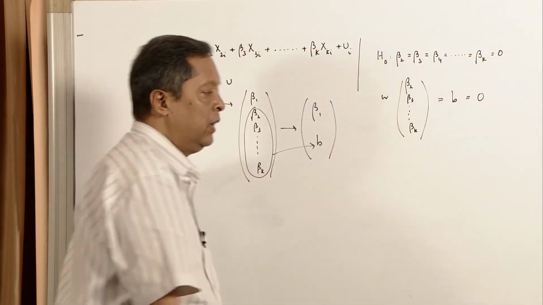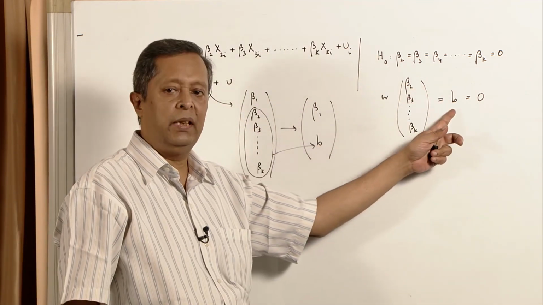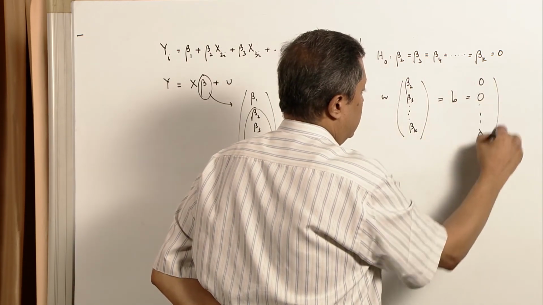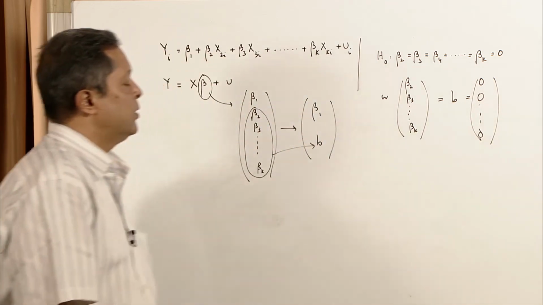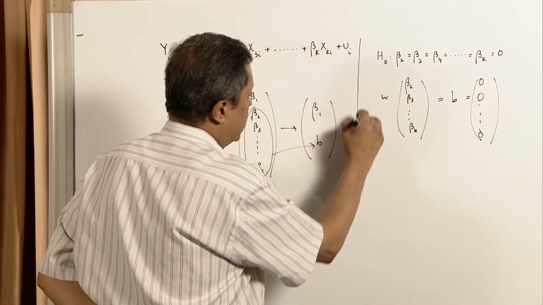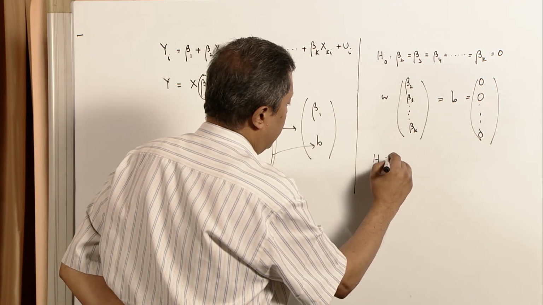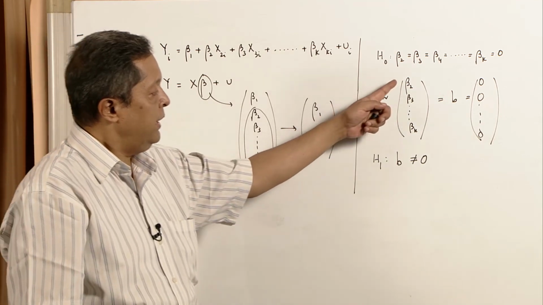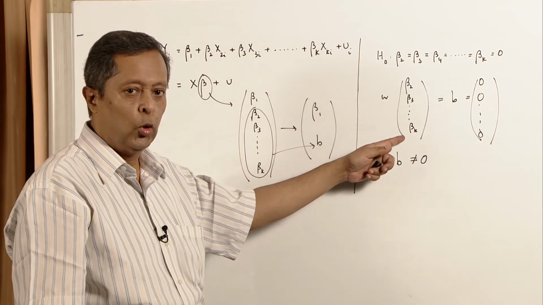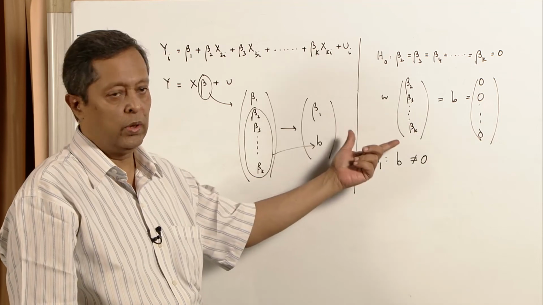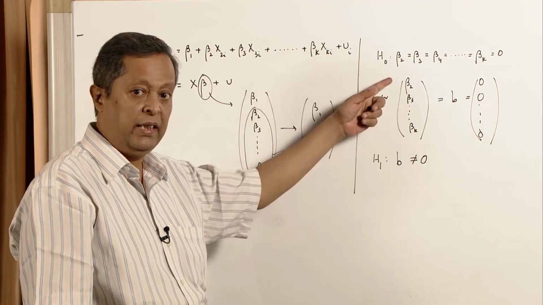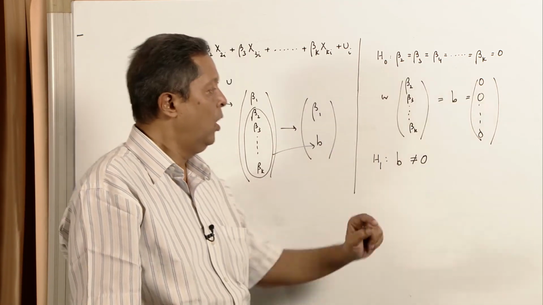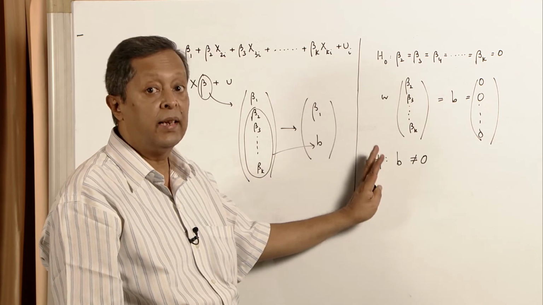This is a vector. So, our null hypothesis is small b is equal to 0. Of course, this 0 is also a vector. And our alternative hypothesis, let us suppose, is H1: b is not equal to 0. It means that not each of these slopes is equal to 0. Maybe 1 or 2 are 0, but not every one is, not each one is 0. So, the null hypothesis is beta 2, beta 3, beta 4 are all equal to 0. The alternative hypothesis is that they are not all equal to 0.